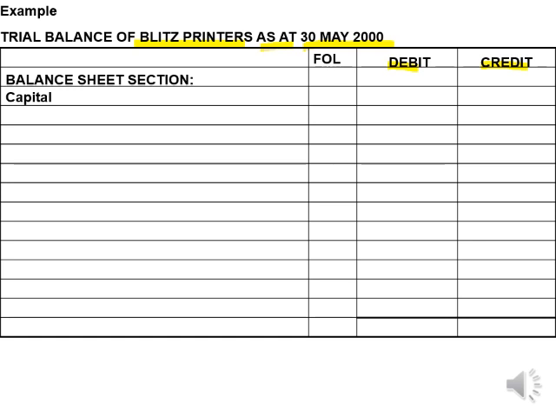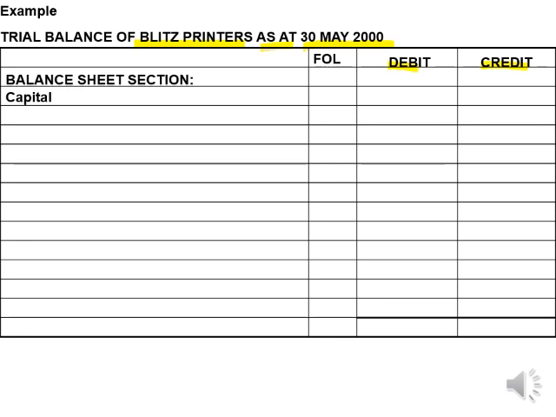Now with capital, once you have written the name of an account here, the next thing is for you to decide, okay, in which column do I record it? So what guides you to know which column? You are guided by the fact of where that account increases. So capital, I believe you all know that it increases on the credit side, so the amount will be on the credit side.